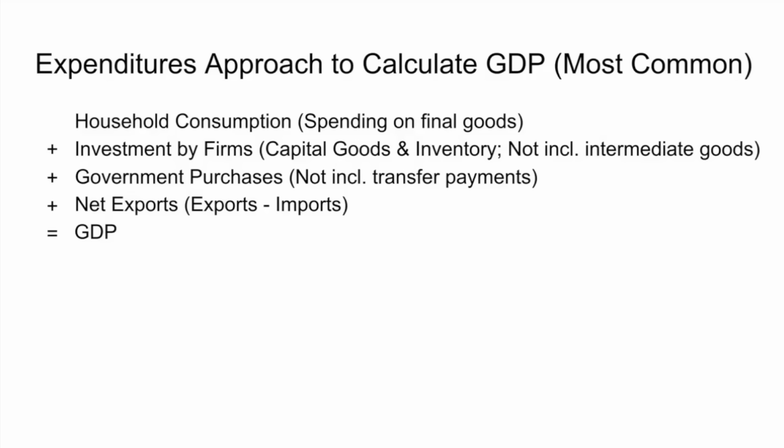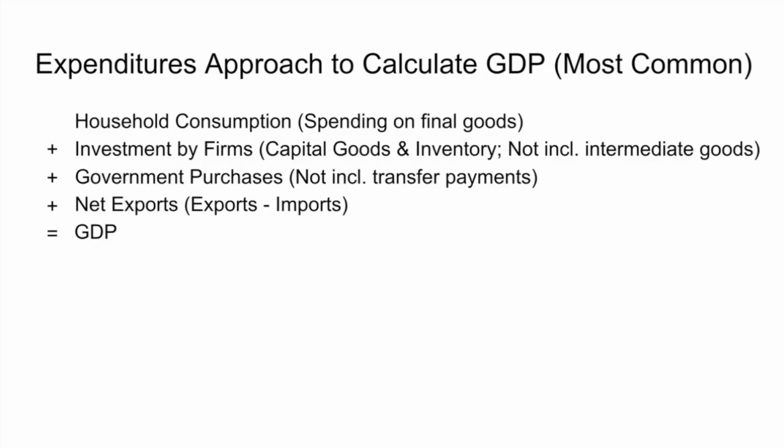But this does not include intermediate goods. For example, if a restaurant purchased eggs in order to make omelets, then the eggs would not be part of GDP, whereas the price the omelets are sold for would, because otherwise the eggs would be counted twice.